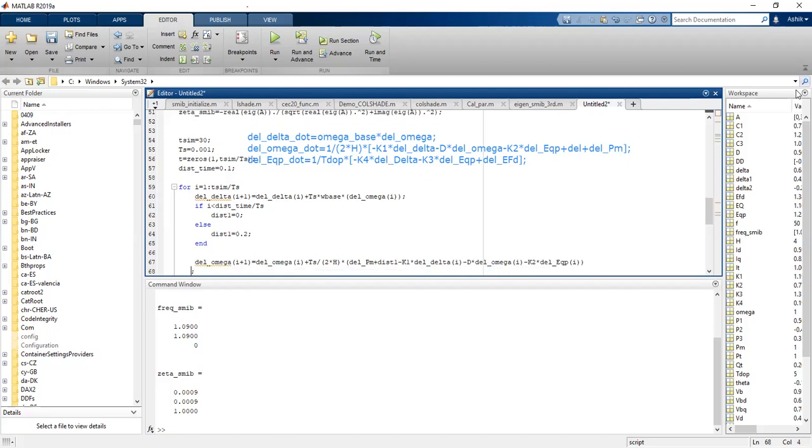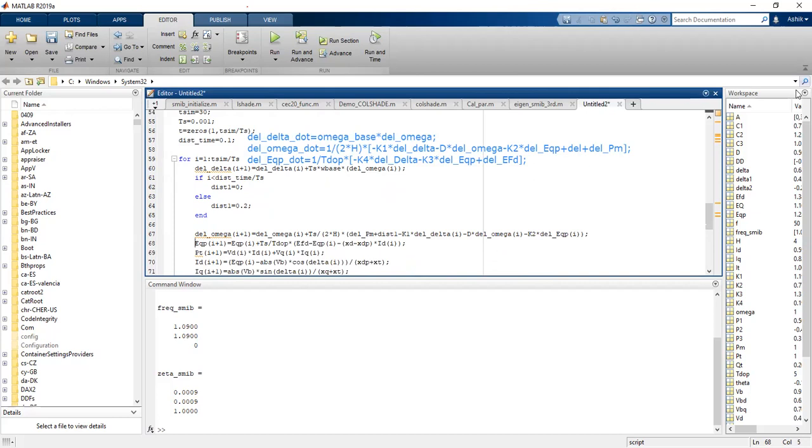Then the third one is del Eq prime i plus 1. Then del Eq prime, Ts over Tdo prime. This is del Efd. This should be minus K3 del Eq prime. And this one is already linearized, minus K4 del delta i.